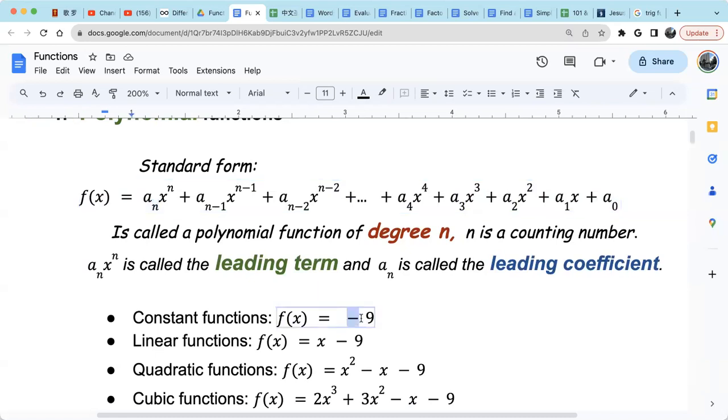So in this case, -9 is this a naught, this constant. So the degree of this is 0. This is called a degree 0 polynomial.